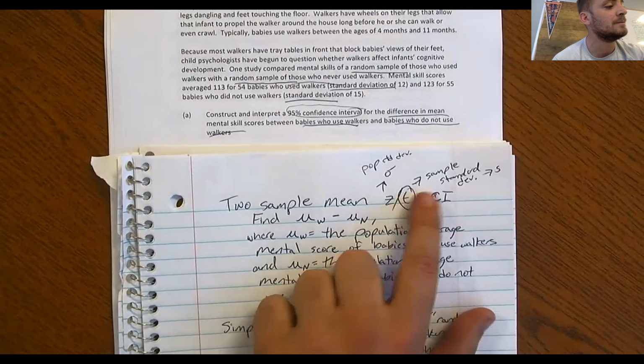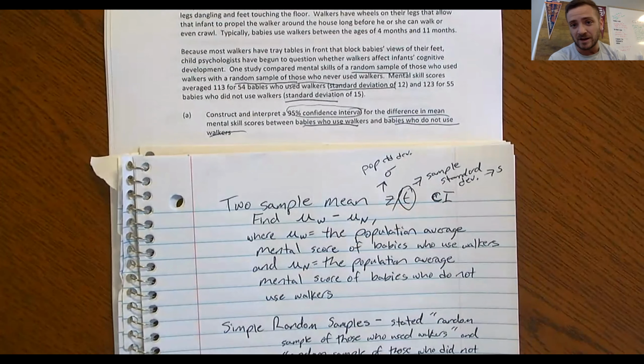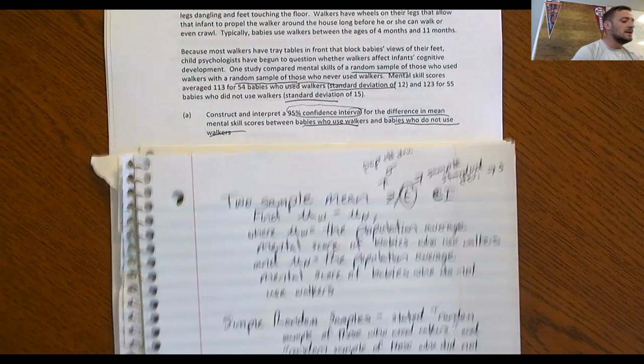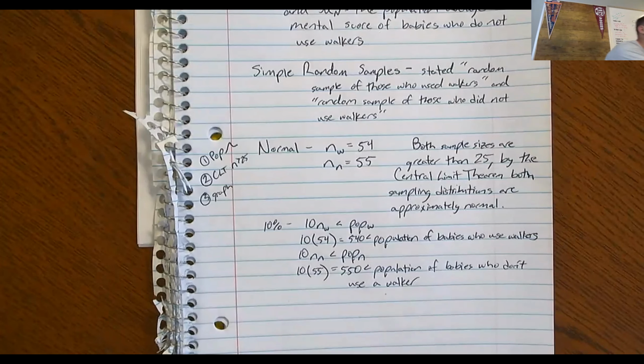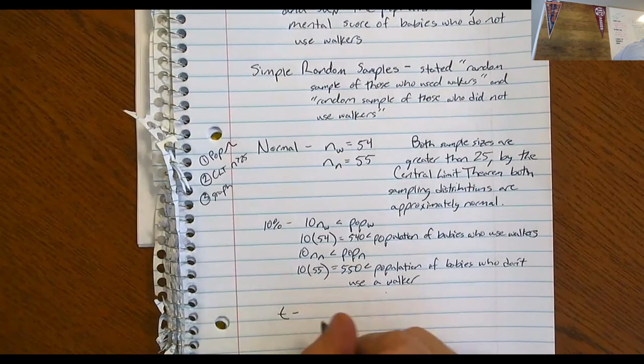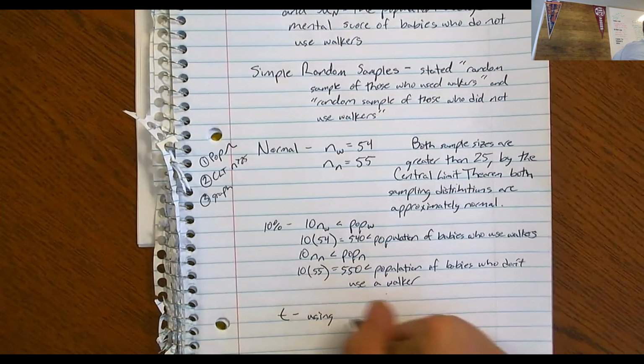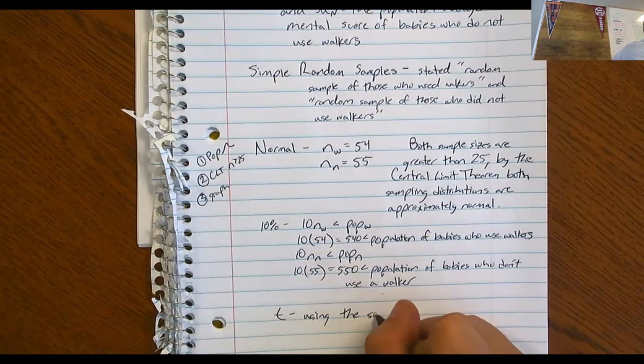The whole reason that we use t-scores is because we're going to be using our sample standard deviations, the standard deviations from our sample, not the population. And it's very, very easy to check that. All we have to say, we're essentially saying, hey, grader, here's why I'm using t-scores. I'm using t-distributions because we are using the sample standard deviations.